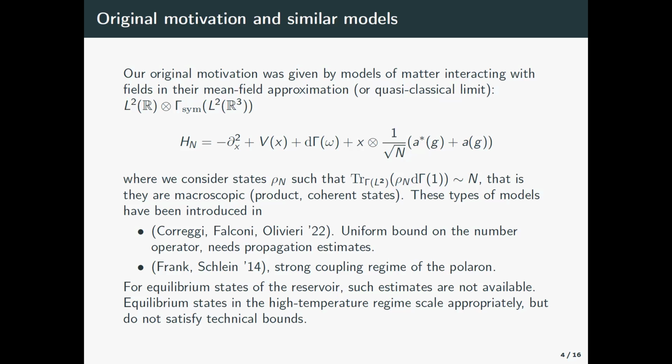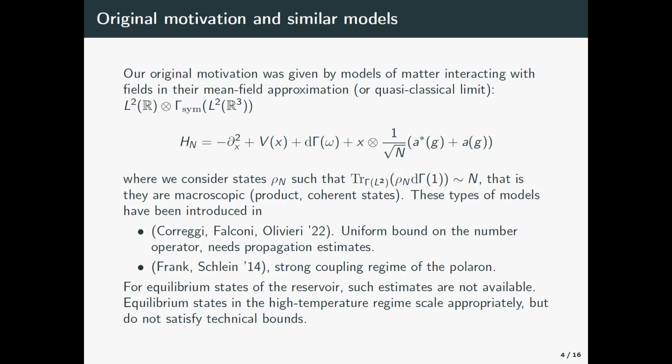There are results by my PhD advisors and Marco Olivieri, but it's basically the same regime as the strong coupling regime of the polaron, which has been studied in work by Frank and Schlein. But all these use special states which need propagation bounds, and they are not completely trivial to get.